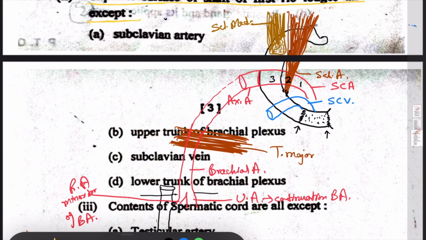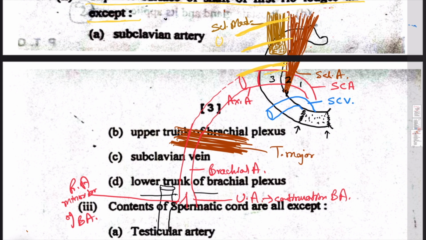Through this passage, the roots of the brachial plexus, when they join, form trunks. So it's the trunks of the brachial plexus that arise from between the two. There is less space, I mean, there's a gap. Yeah, okay, it's good. So you're seeing that there are three trunks of brachial plexus.